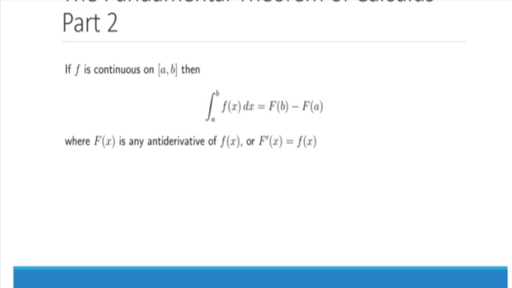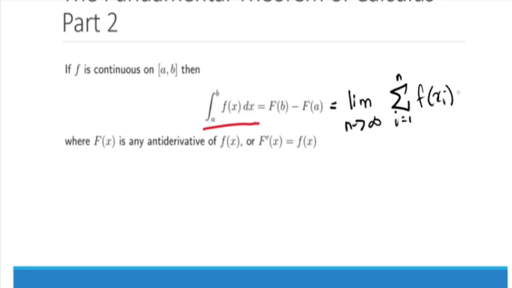Okay, so note that previously, this part here is equal to the limit as n approaches infinity of the sum of this one, or using the concept of Riemann sums.